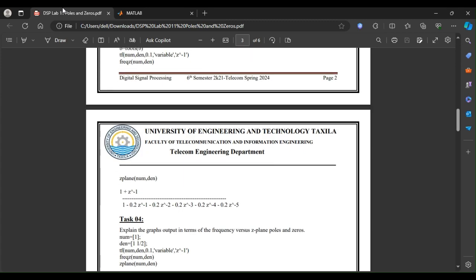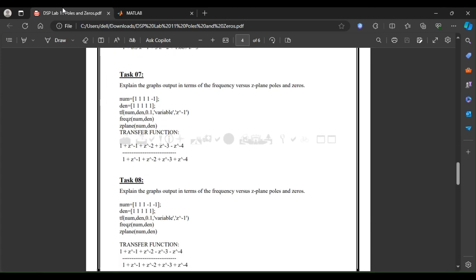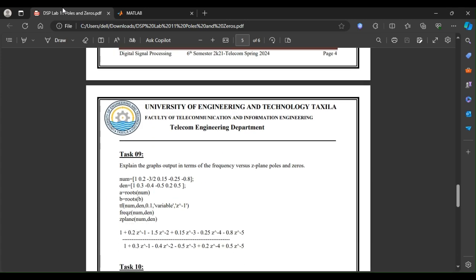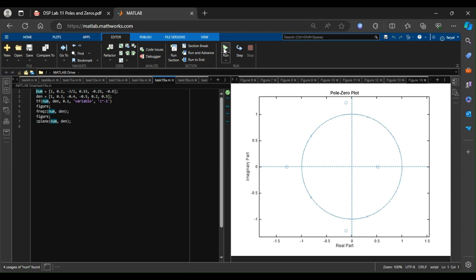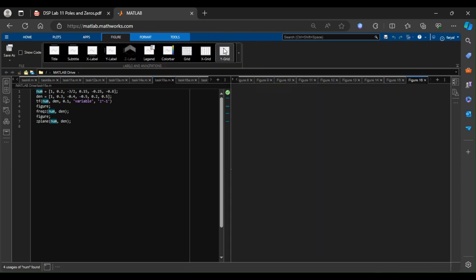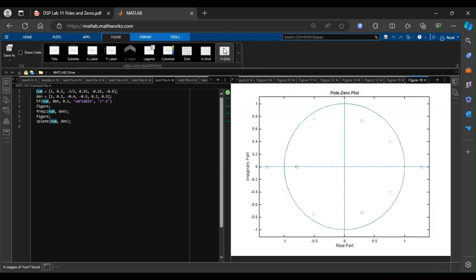Moving towards the other task, that is task 9, to explain the graph output in terms of frequency versus z-plane, poles and zeros. In this task 9, the transfer function represents a system with 1 zero and 5 poles. As you can see here, the z-plane plot shows the location of poles and zeros in the complex plane.